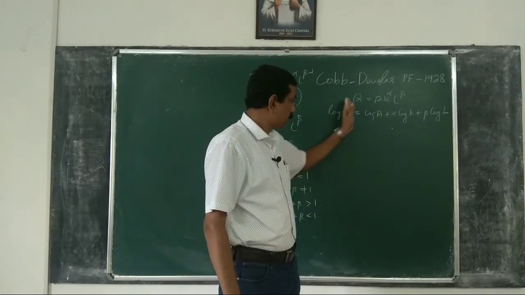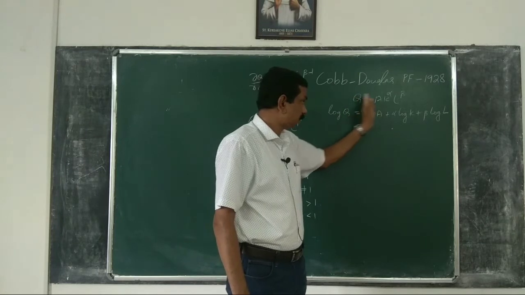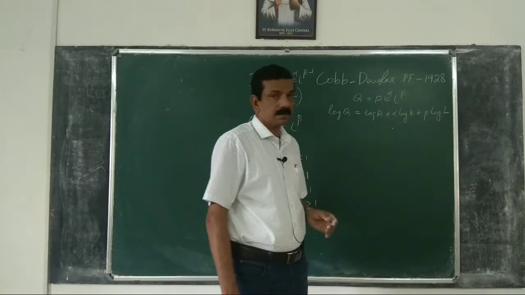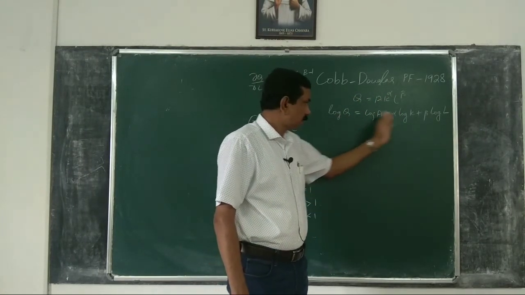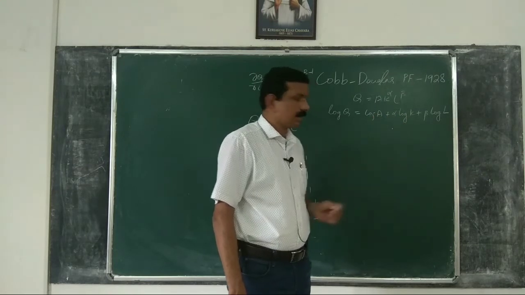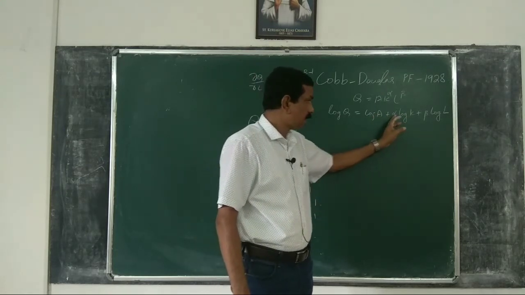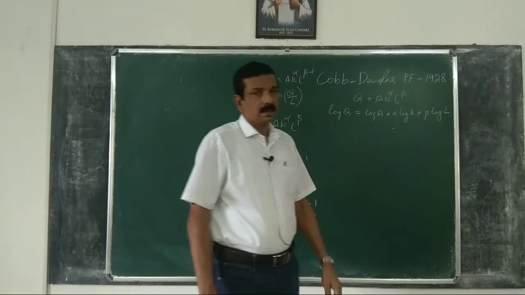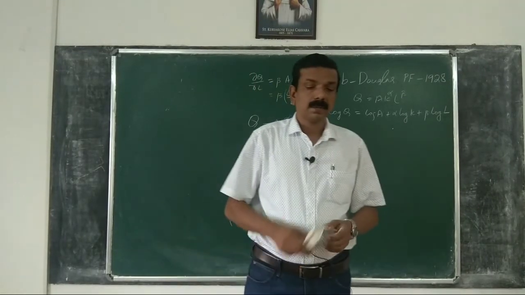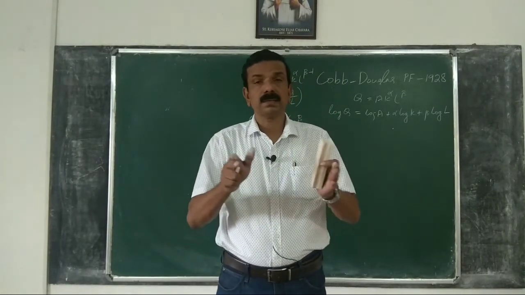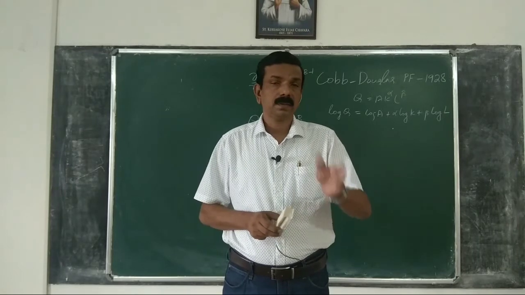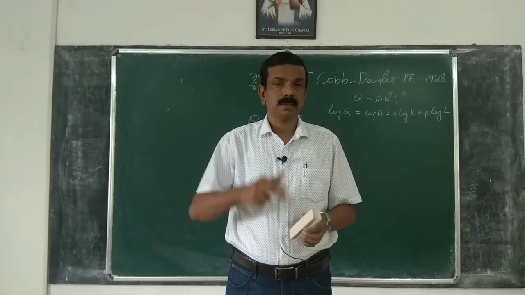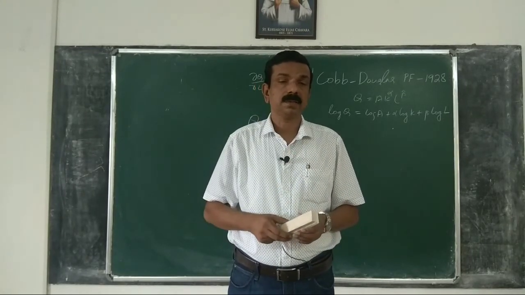So, if you have data on quantity, capital and labor, then you can easily convert it into log terms. You will get alpha and beta, and alpha and beta are the elasticities of output with respect to capital and with respect to labor respectively.